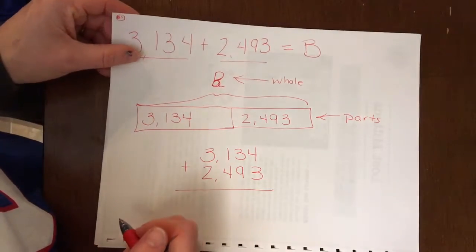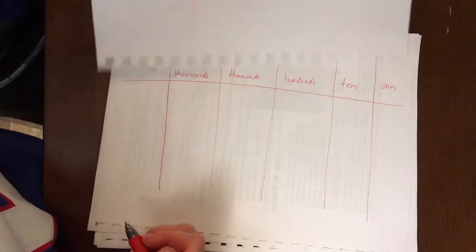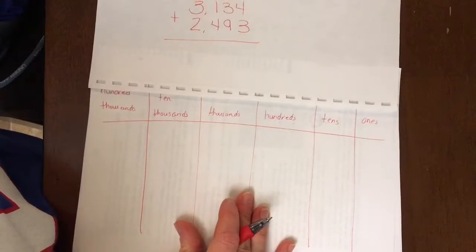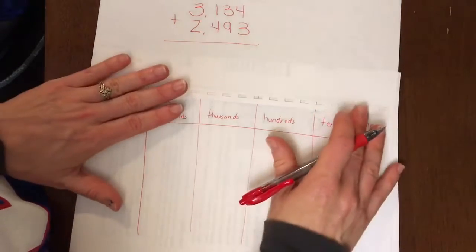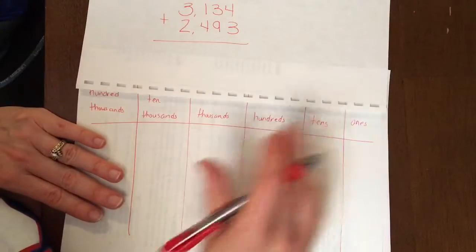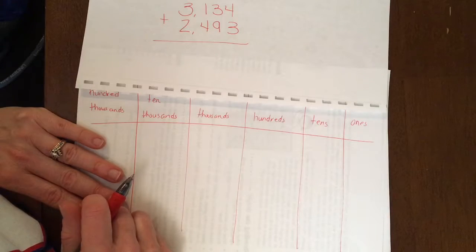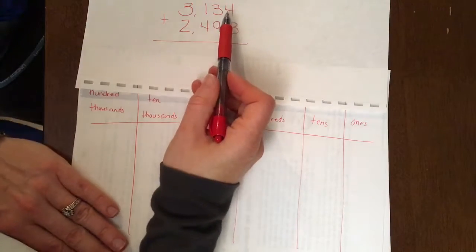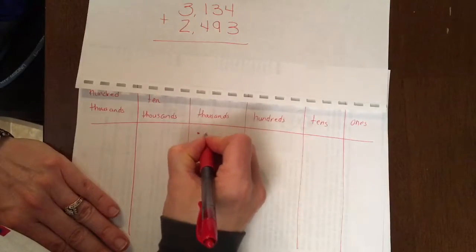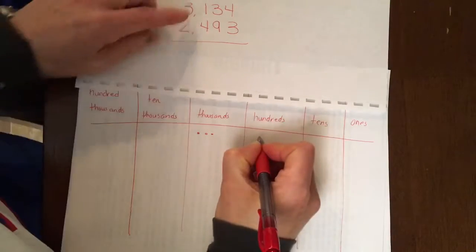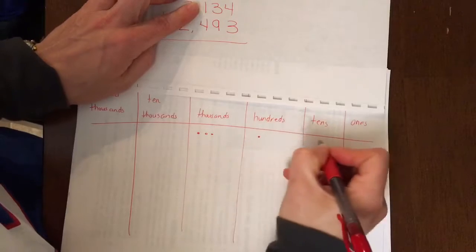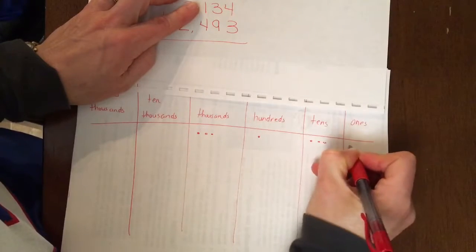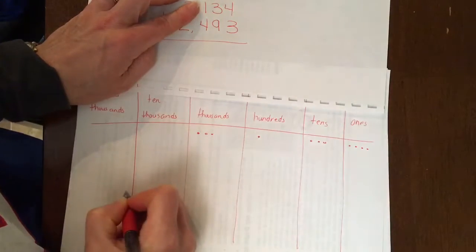Now I'm going to show you on a place value chart right here how to add these up. So if you don't have a place value chart, go ahead and pause this and go grab one. So what we're going to do is put in 3,134 first. So I have 3 1,000s, 1 100, 3 10s, and 4 1s.